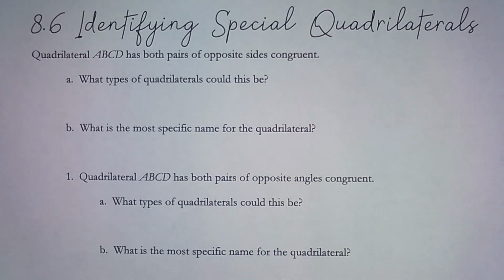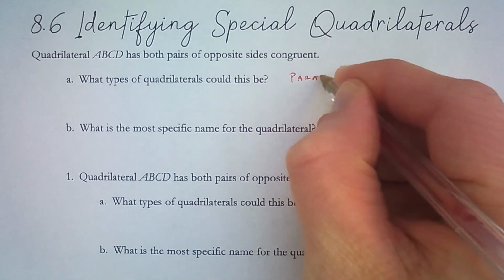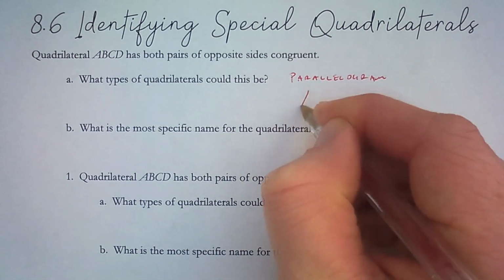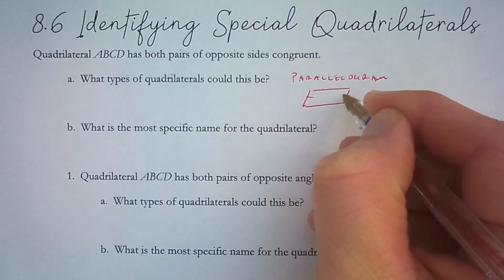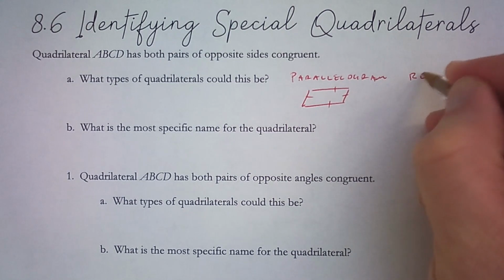Okay, so our first quadrilateral, ABCD, has both pairs of opposite sides congruent. What types of quadrilaterals could it be? What types of quadrilaterals have opposite sides congruent? A parallelogram does. Okay, so a parallelogram looks like this, got opposite sides congruent. A rectangle does also.